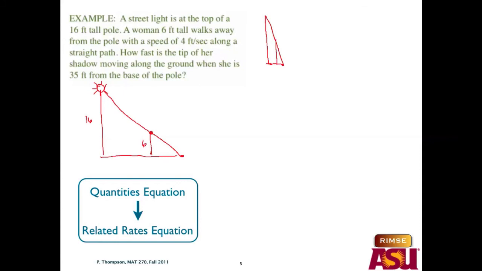So maybe you can see this is related to the same setup we've talked about a couple of times before: I've got similar triangles and a couple of different lengths, which eventually I'll be able to relate to one another. Let's think about this big triangle with the streetlight and the tip of the shadow.